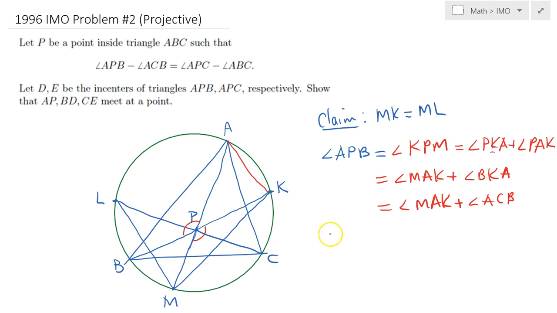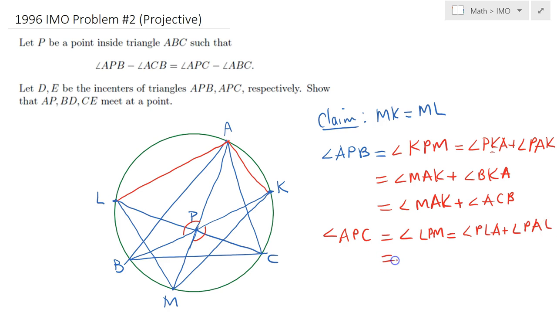In a similar way, instead of APB, you can start with APC. Angle APC is equal, by vertical angles, to angle LPM, and angle LPM, if you focus on triangle LAP, is equal to the sum of angle PLA and angle PAL.